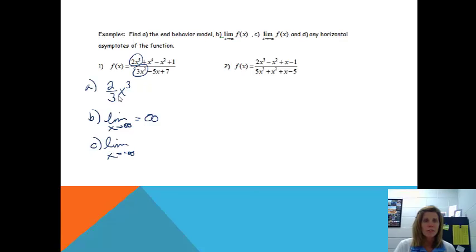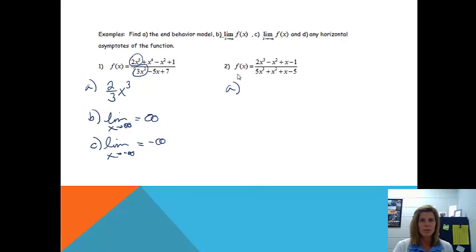If I'm approaching negative infinity, keep thinking we'll take a large negative number times a large negative number times a large negative number. That will keep giving me an even larger negative number. So instead of approaching infinity on this one, our limit as x approaches negative infinity will be negative infinity.